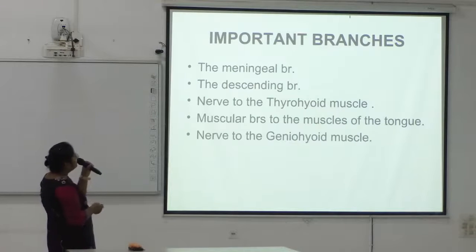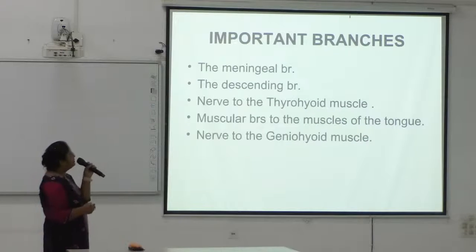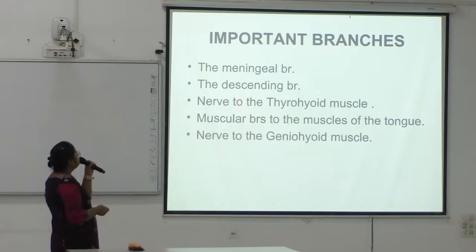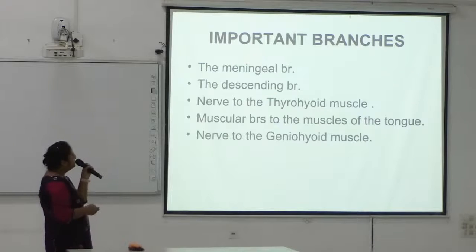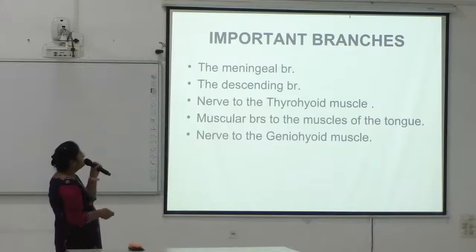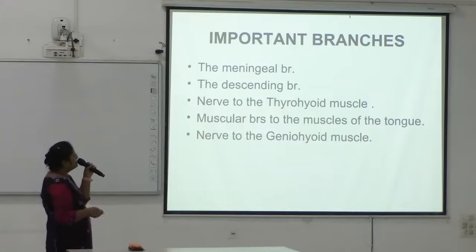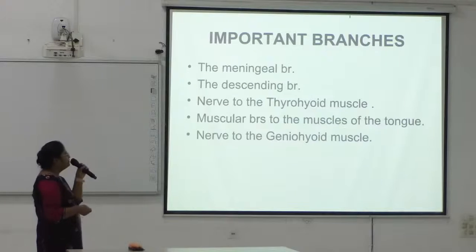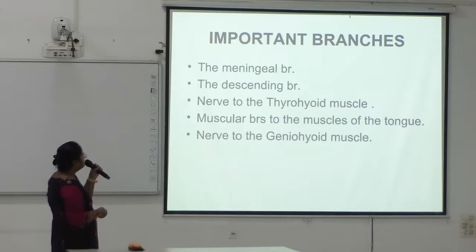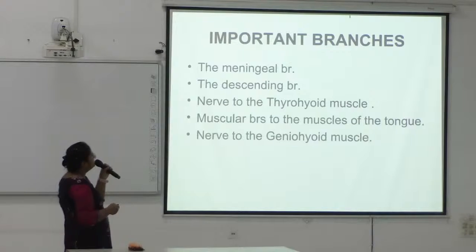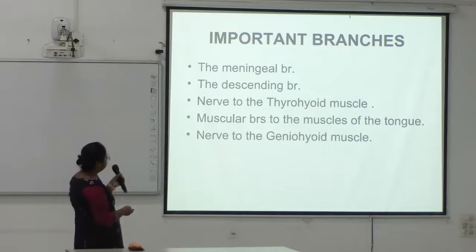Its branches are the meningeal branch, nerve to the thyrohyoid muscle, muscular branches to the muscles of the tongue, that is the intrinsic muscles of the tongue, and the nerve to the geniohyoid muscle. So these are the branches of this nerve.